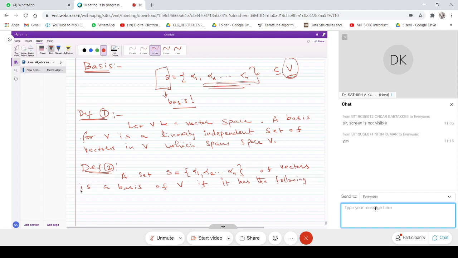First, S is a linearly independent set. The second thing, S spans V, or you can say S is a spanning set.